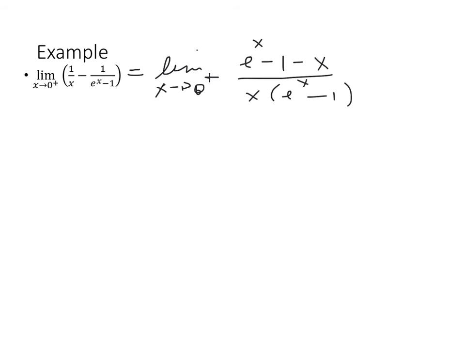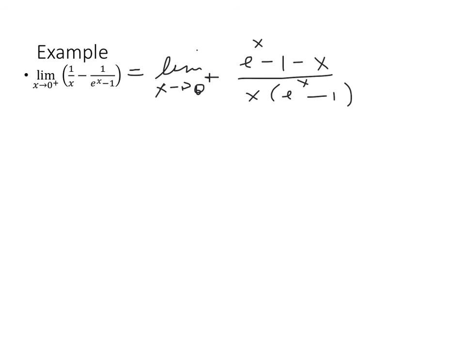Okay, now thus far we haven't done L'Hopital's rule or anything. We've just simply written that difference of quotients as a single quotient by finding a common denominator. Now, what happens with the top and bottom of this new fraction? Well, as x goes to 0, e to the x goes to 1. 1 minus 1 is 0, and then minus x, that's getting close to 0 as well.